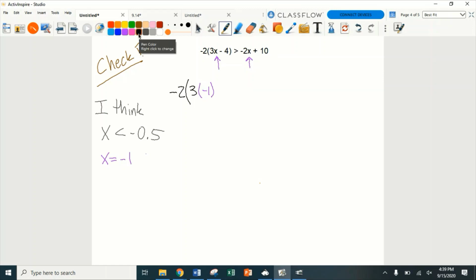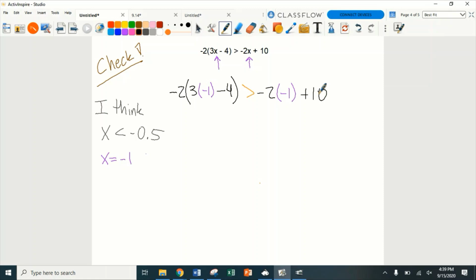I keep going, and I have minus 4, close parentheses, and this should be greater than negative 2x. So negative 2, we're plugging in a negative 1, and then at the very end, adding 10.